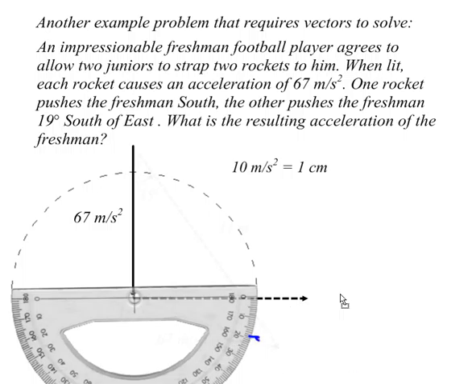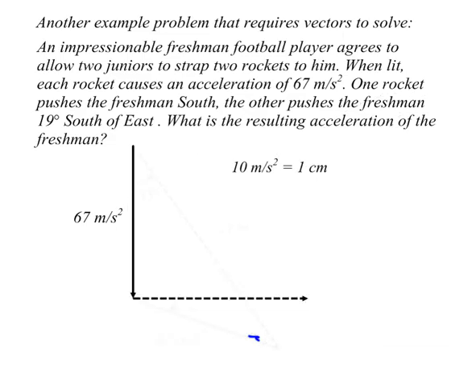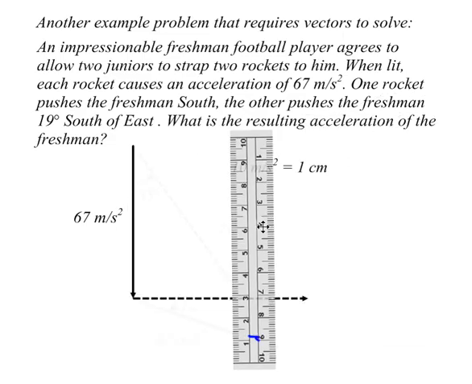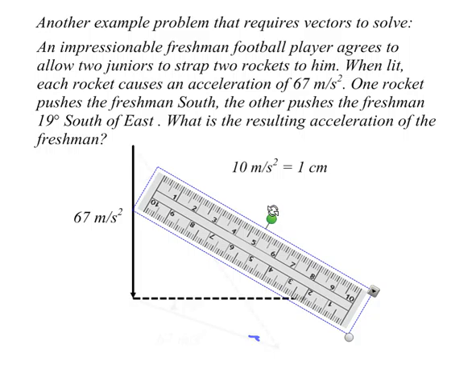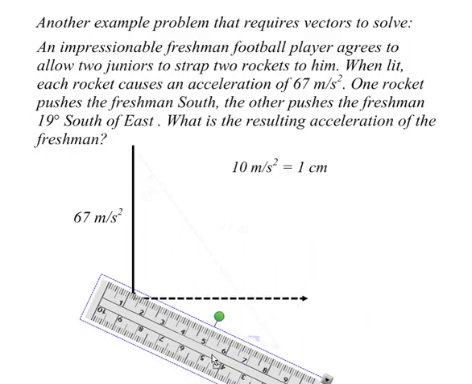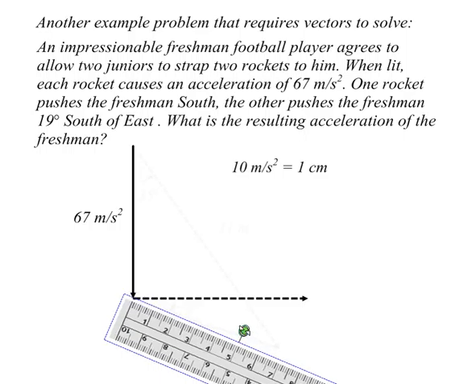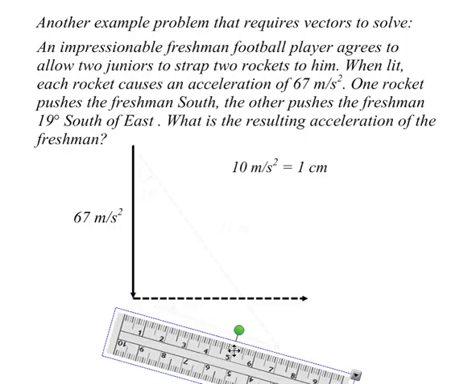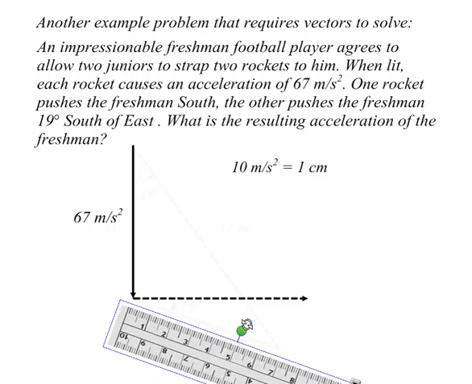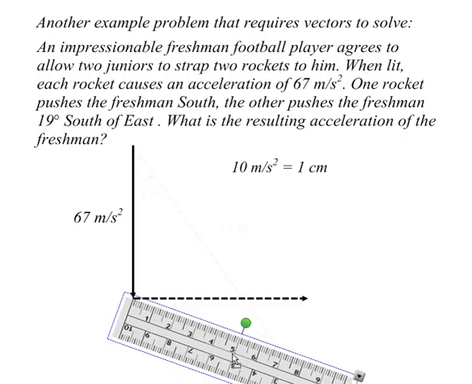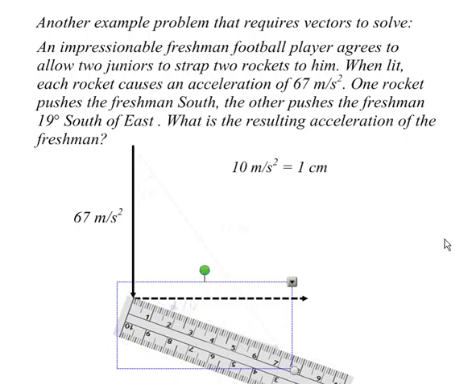Now once we've done that, we can take the protractor away. We'd be able to bring in our ruler, align it with that mark, and then we could draw in the other vector.